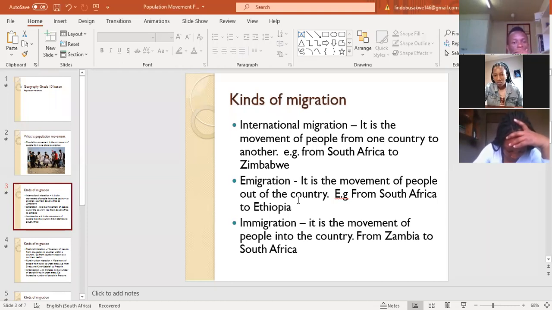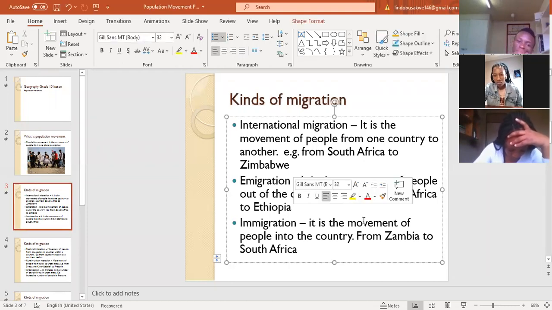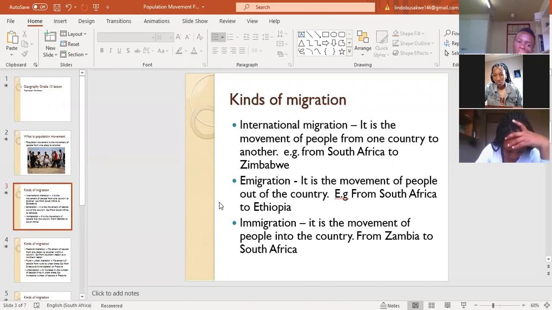If people are moving from South Africa to Ethiopia, they are moving out of South Africa to a different country. We call that emigration. But when people move into South Africa, from Zimbabwe, Nigeria, Namibia and other countries, we call that immigration.